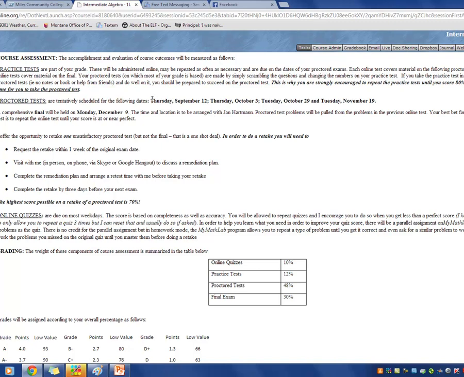It's not a case where you just miss one and come in a few days later and say, oh, by the way, when do I get to take the test? It's going to be never if you come up with that. You arrange as soon as you know you're going to miss in order to make up these proctored tests.